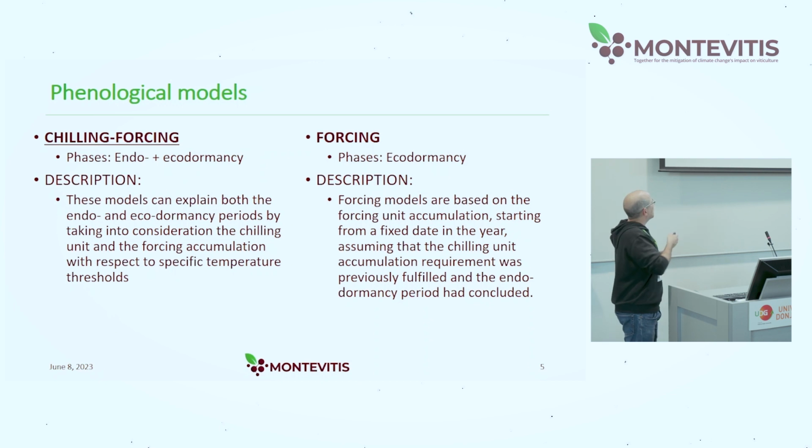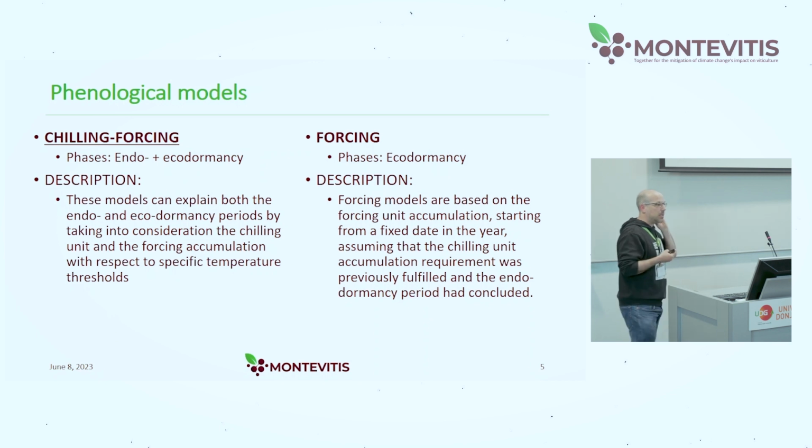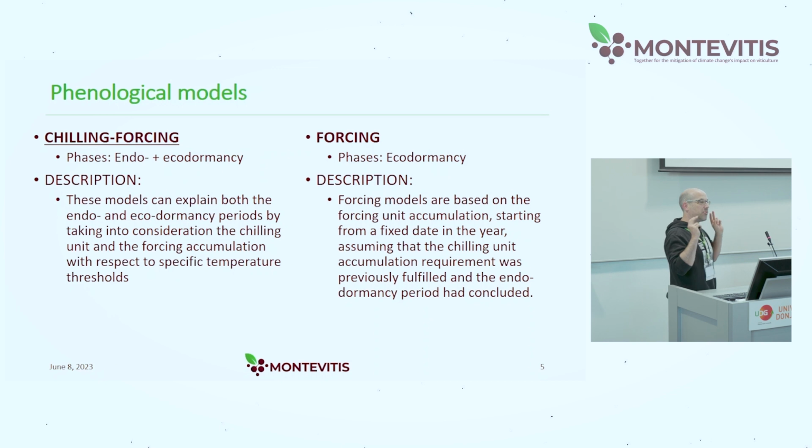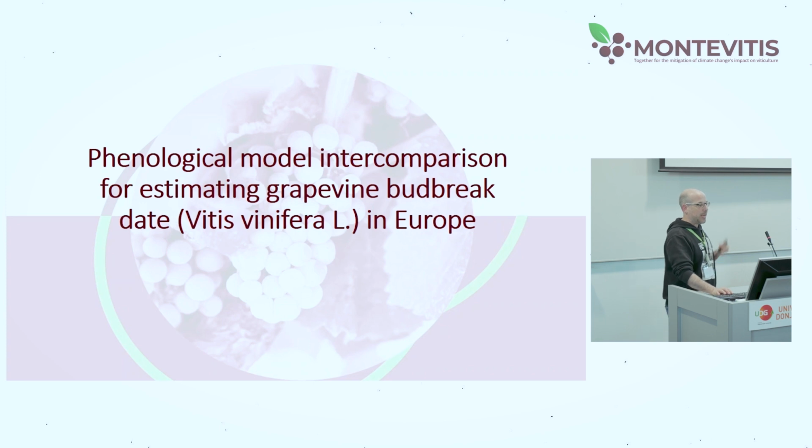Then there are the forcing models, in which the chilling phase is considered as reached, and we start simulating or calibrating the second one. In this case, the models usually start in January or February, depending on the latitude of the vineyard or the location we are in.